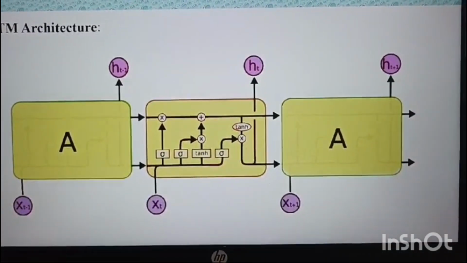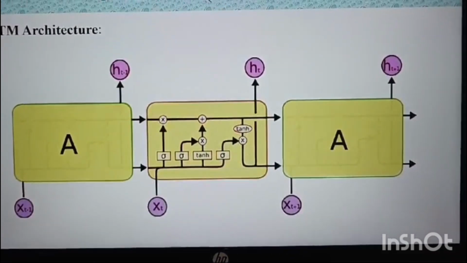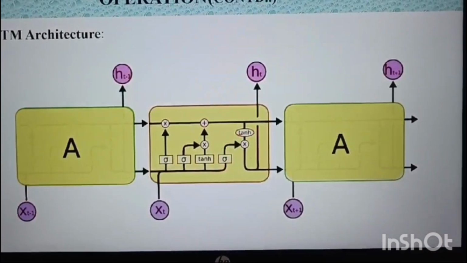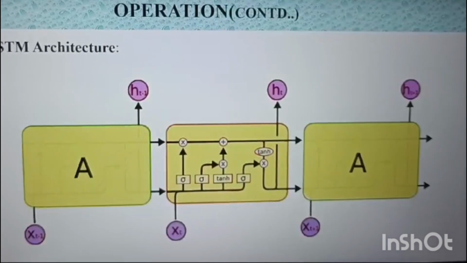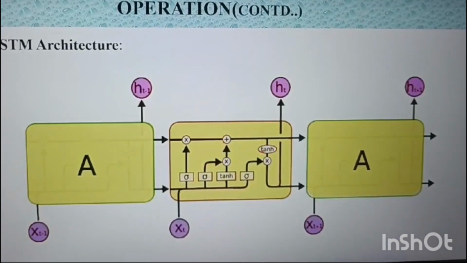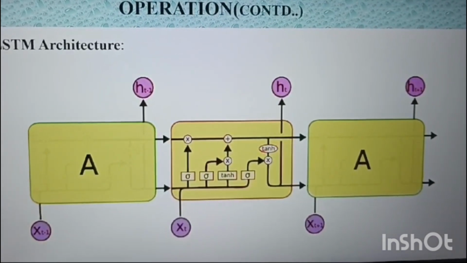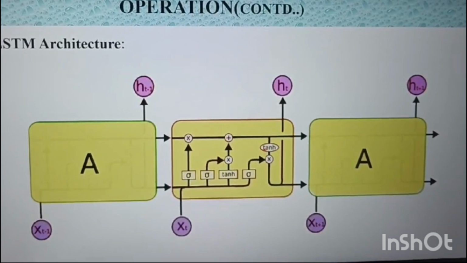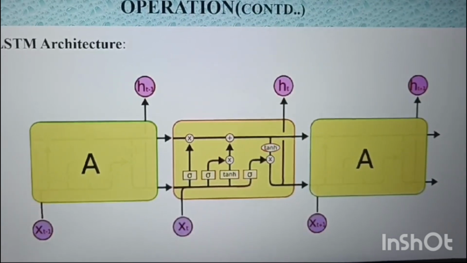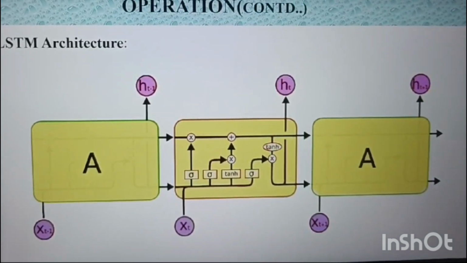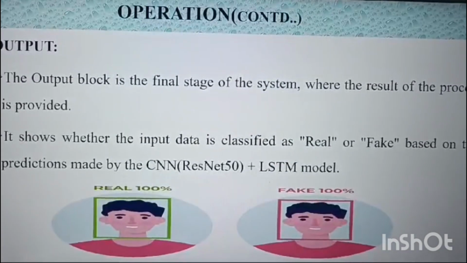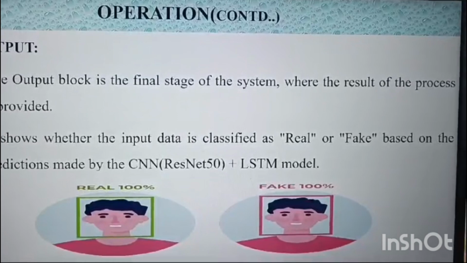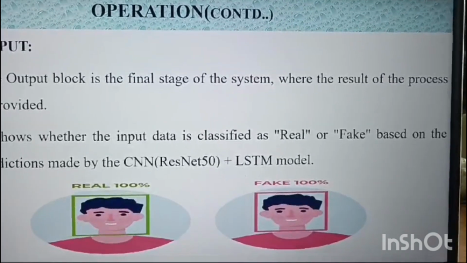And the LSTM architecture. LSTM refers to long short-term memory, which is a type of recurrent neural network, RNN, designed to handle sequential data and address the vanishing gradient problem in traditional RNNs. Output operation: the output block is the final stage of the system where the result of the process is provided.